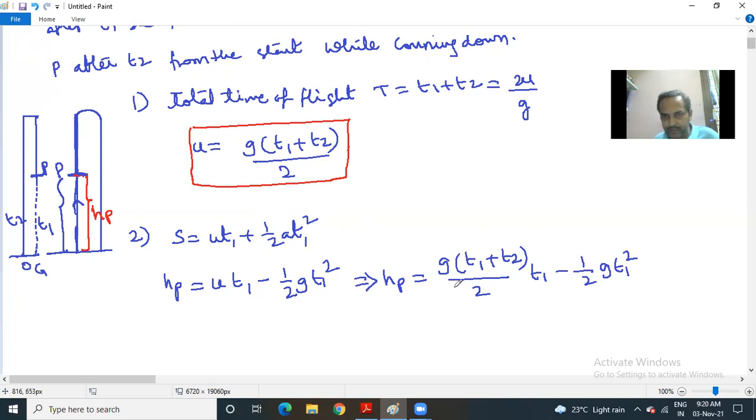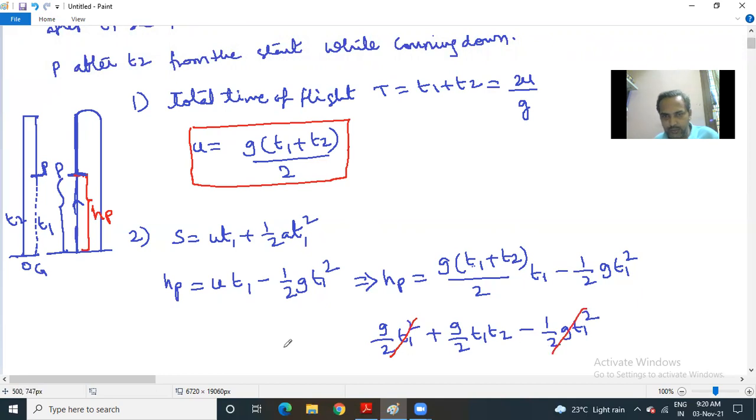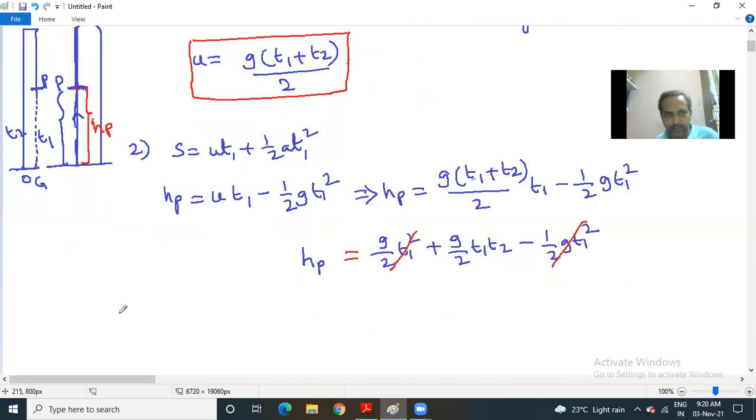Now just to expand this, t1 into t1 square gives g by 2 t1 square, plus t2 into t1 with g by 2, so plus g by 2 of t1 t2, along with minus g by 2 t1 square. Now you will have to cancel these terms. So you'll get the expression of height of point P from the ground. So there will be numericals, remember. So height of point P is equal to half g t1 t2.